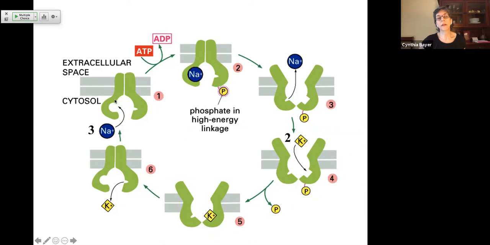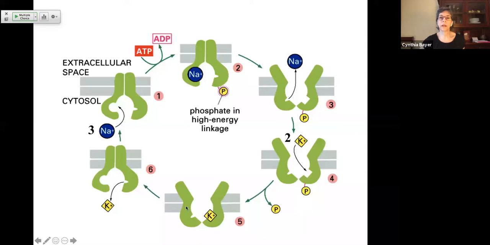So the binding of ions causing phosphorylation, causing a change in shape, resulting in release of sodium ions to the outside, picking up potassium ions, causing a change, releasing the phosphate again.